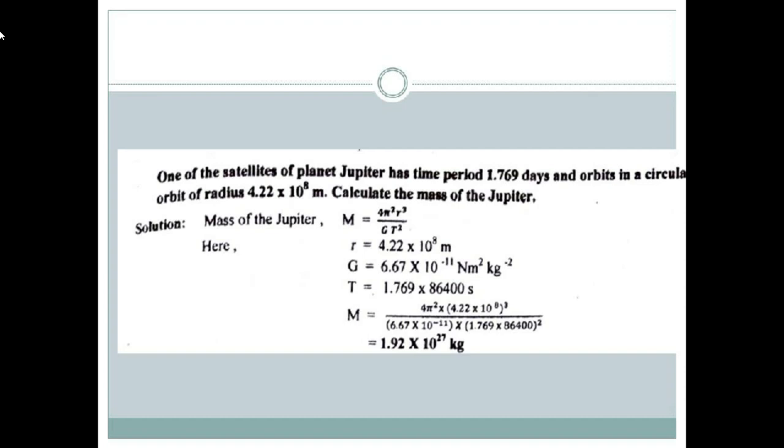G is equal to 6.67 × 10^-11 newton meter square per kg square. Capital T, the periodic time, is 1.769 days, and we need to convert it into seconds, so multiply by 86400 seconds. When you substitute the values, you will get 1.92 × 10^27 kg.